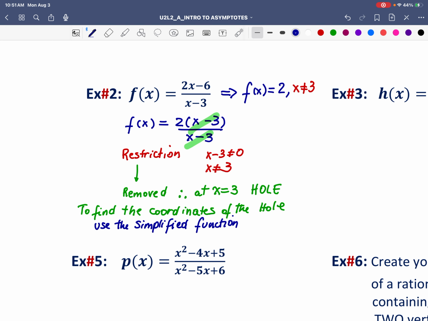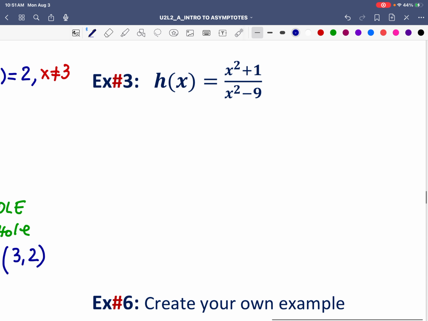Well, in our case, as you can see, f of x equals 2. It doesn't really depend on x, which means that the y value will be 2 at any x value, including x equals 3. So therefore, we're going to say that the hole is going to be at x equals 3 and y equals 2.